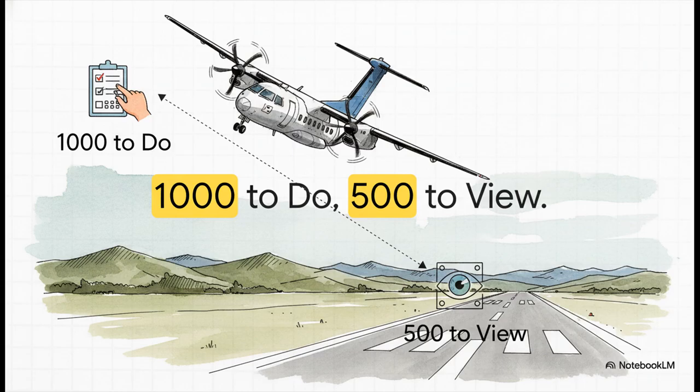Memorize this. 1,000 to do, 500 to view. 1,000 to do means your landing checklist, putting the selector to min and switches to off, must be completed by 1,000 feet above field elevation, or AFE. 500 to view means you must visually recheck that the bleeds are indeed min and off at exactly 500 feet AFE. 1,000 to do your checklist, 500 to view and verify. It's just a brilliant way to lock those altitude requirements right into your brain.